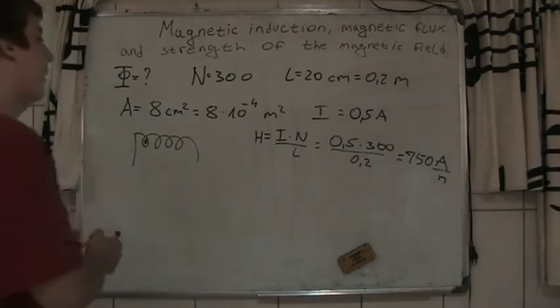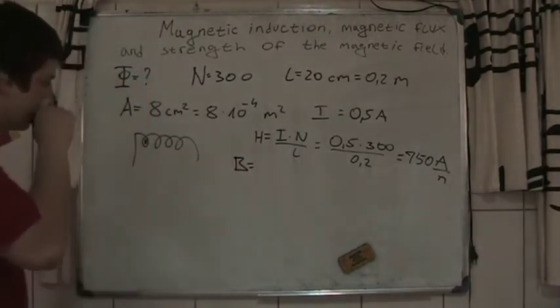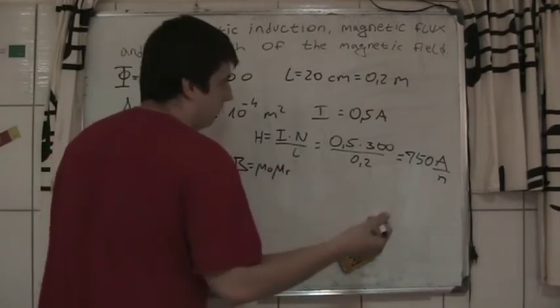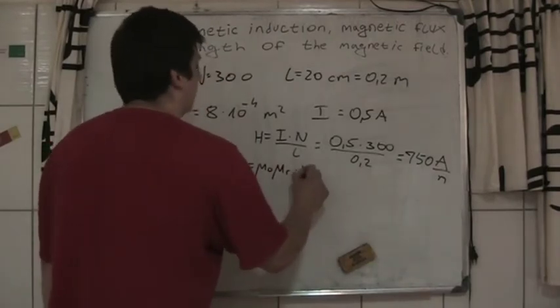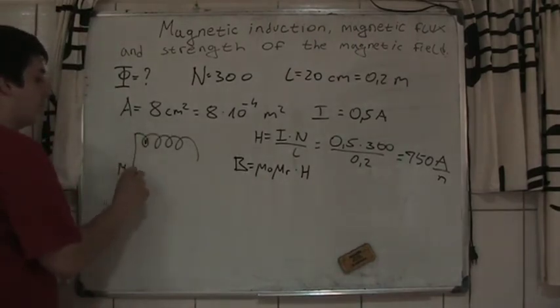Now we can calculate the magnetic induction. That's equal to mu0 times mu r times H. Mu r, because it's now in the air here, is equal to 1.